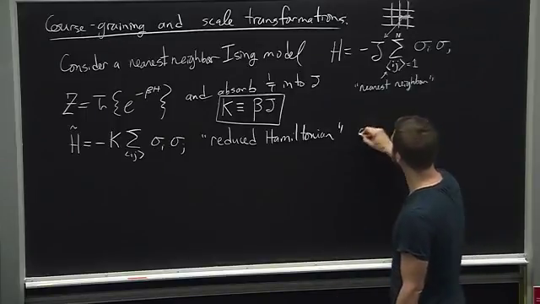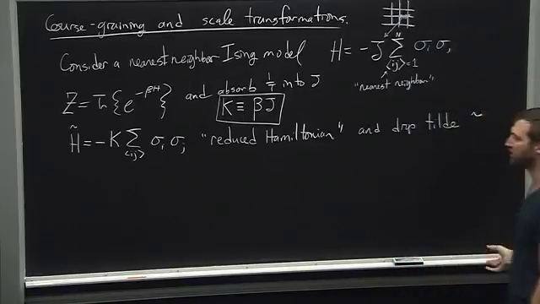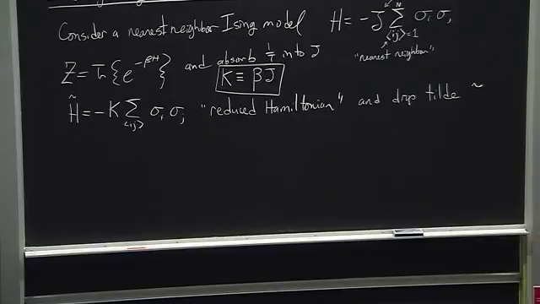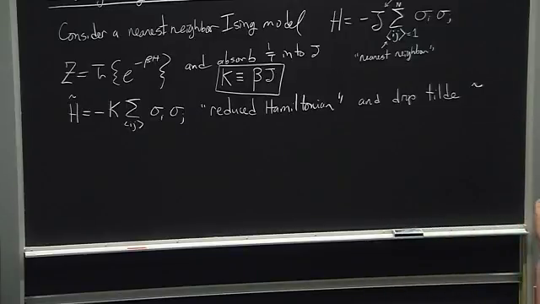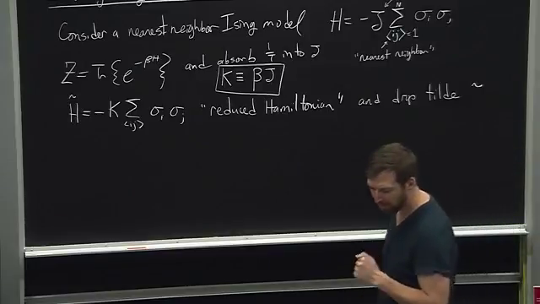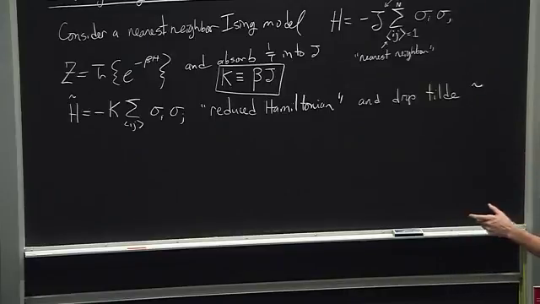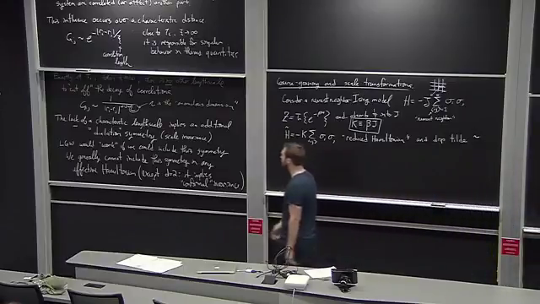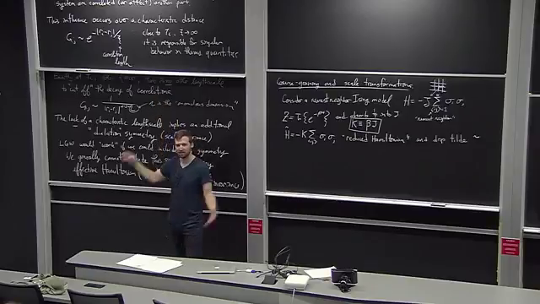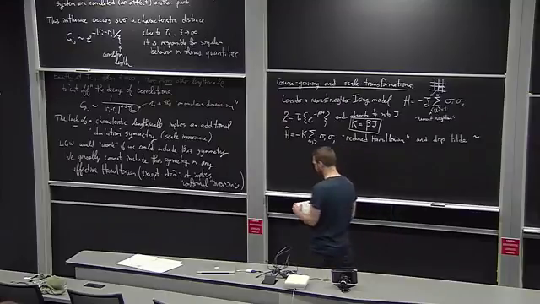And we'll drop the tilde. So at some point you'll forget that you're working with the reduced Hamiltonian, but when you're wondering where's my temperature? Okay, so spins are now interacting with length scale a, but let's assume that they're correlated with length scale xi, the correlation length, which let's take to be much bigger than a. Okay? Or at least bigger than a.